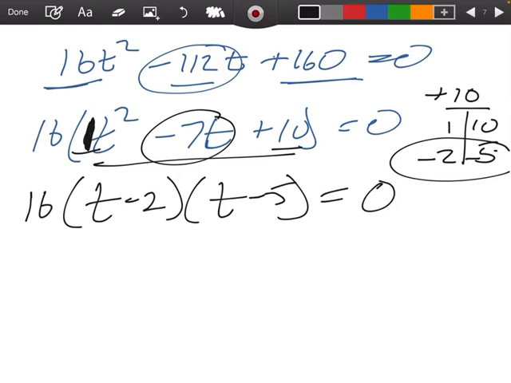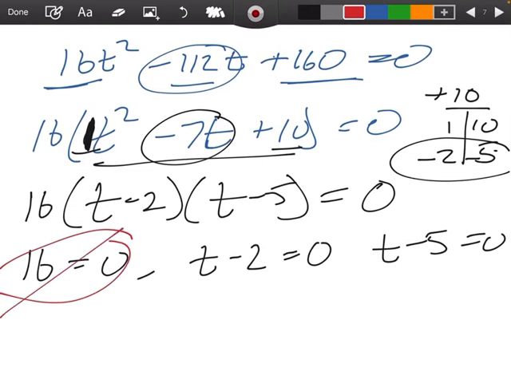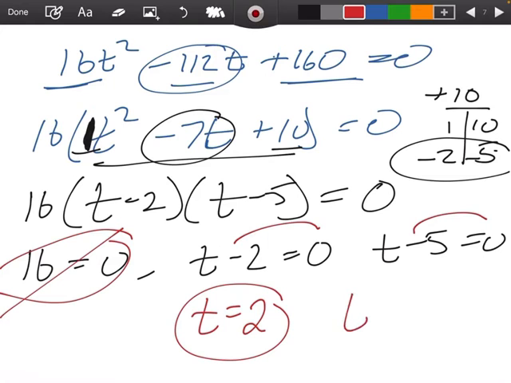Now we're going to set each part equal to 0. We have three parts: the 16, the t minus 2, and the t minus 5. We definitely know that 16 is not equal to 0, so I don't need to worry about that part. When I move that 2 over, I get t equals positive 2. When I move that 5 over, I get t equals positive 5.